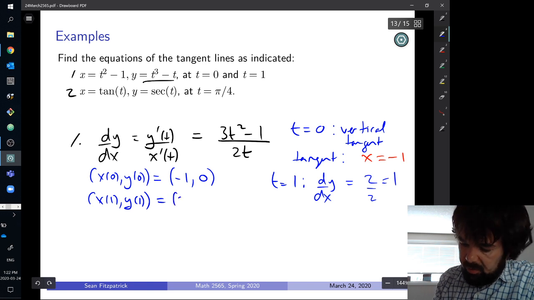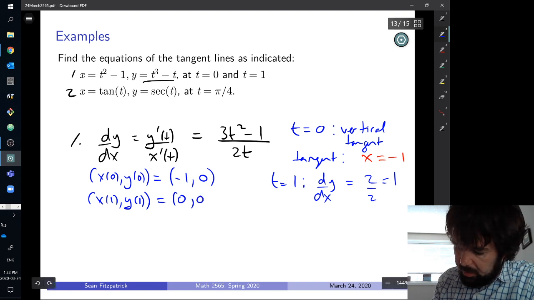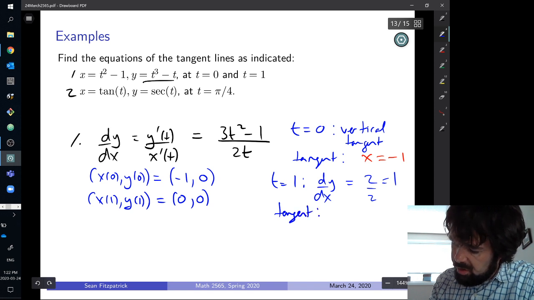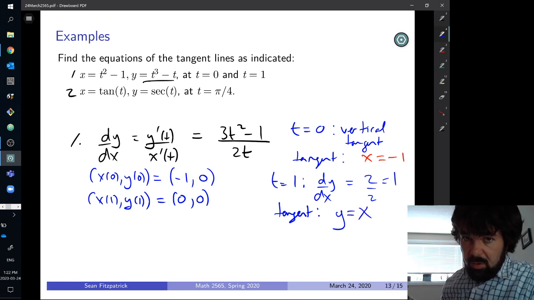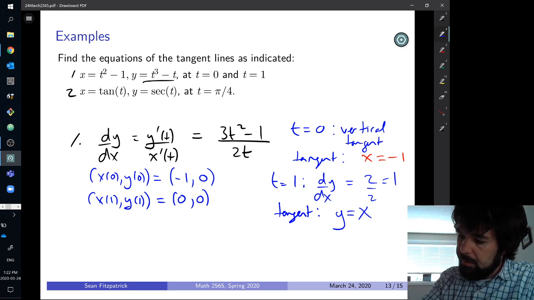X of 1 is equal to 0. Y of 1 is also equal to 0. And so my tangent line is just going to be y is equal to x, right? Because the tangent's through the origin, slope 1, it's just plain old y is equal to x.